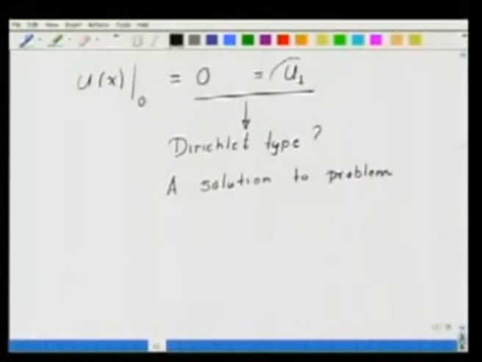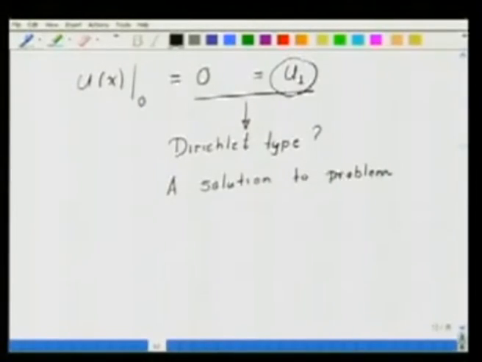And how do we impose this in our code? It is by modifying the equation corresponding to u1, that is, k11 we are going to make equal to 1, k1i for all i's greater than 1 we are going to make equal to 0, and similarly ki1 is equal to 0 for all i's. So under this condition we are going to get a solution to the problem.